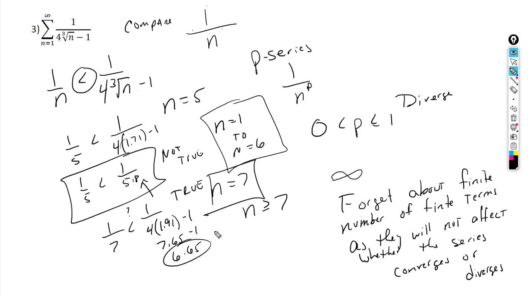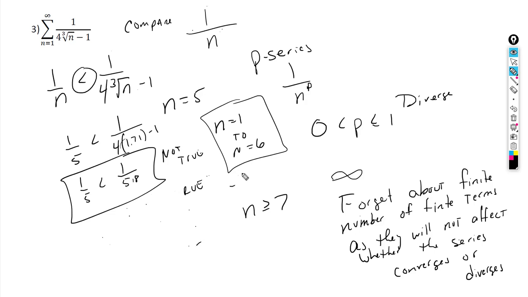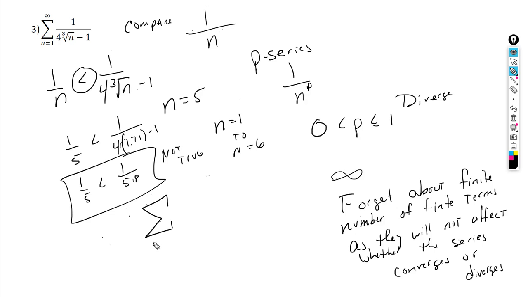So, now that I have your attention, I can compare the 1 over n. Actually, it really didn't even matter in this problem, but it's fine. 1 over n. We know this is going to diverge because of the p-series test, because p is equal to 1, which is less than or equal to 1.